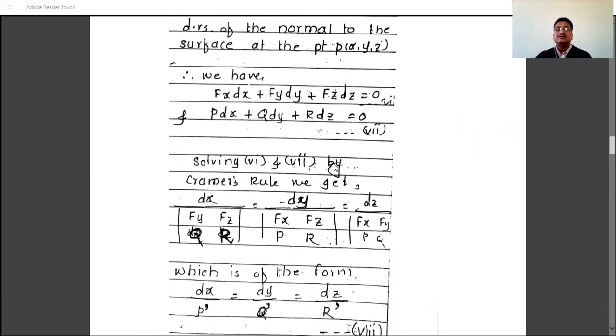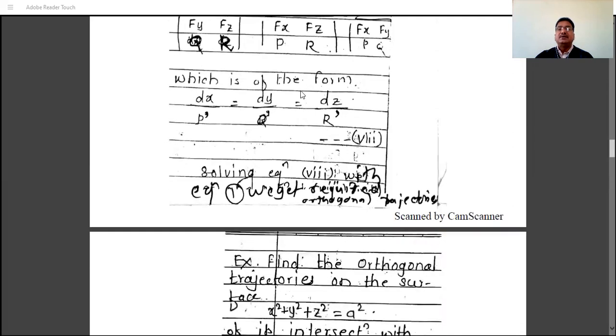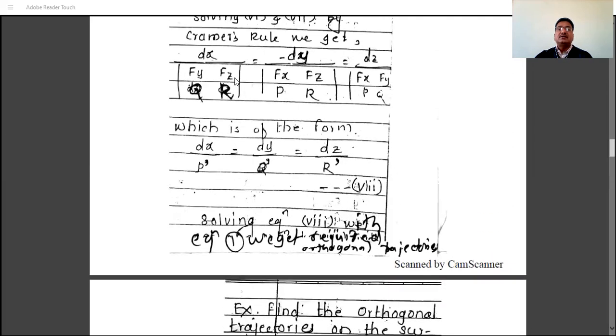Then solve 6 and 7 by Cramer's rule. We have dx divided by the determinant of fy fz, q r, minus dy divided by the determinant of fx fz, p r, and dz divided by the determinant of fx fy, p q. After solving this, we denote these determinants by p dash, q dash and r dash. Actually, what is q dash? Q dash, after accepting the sign, is obtained by interchanging the columns, the second column as first column and first column as second column.